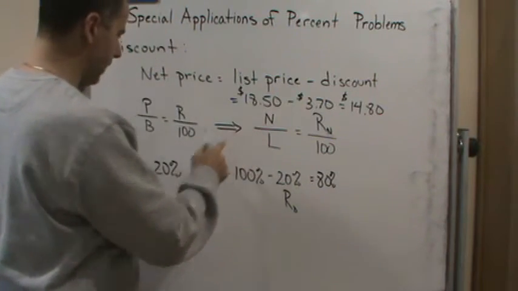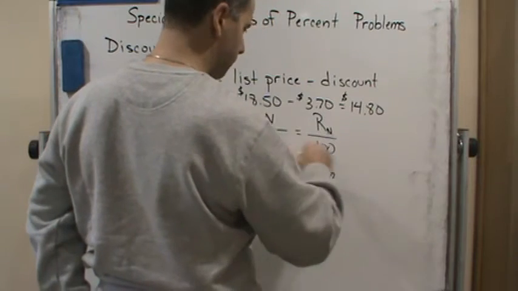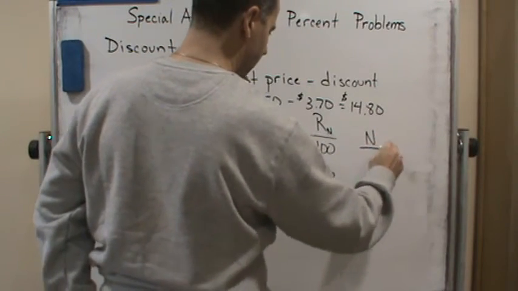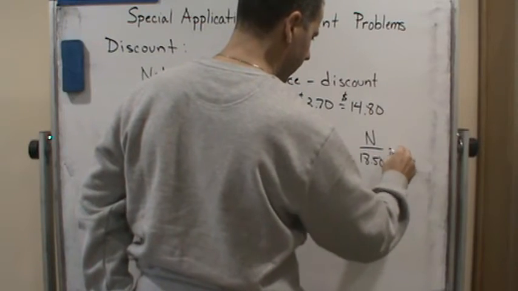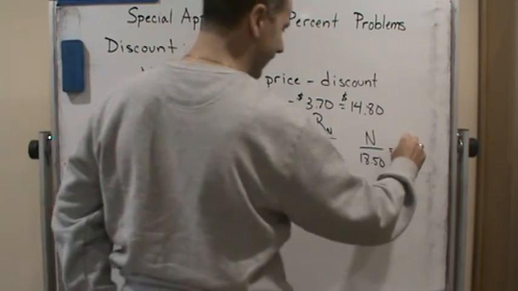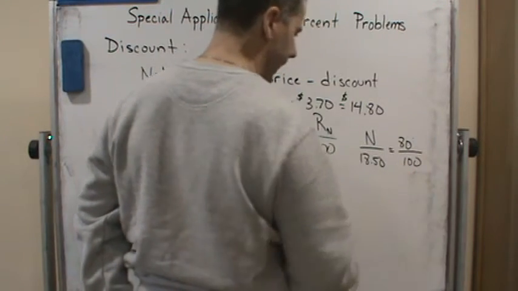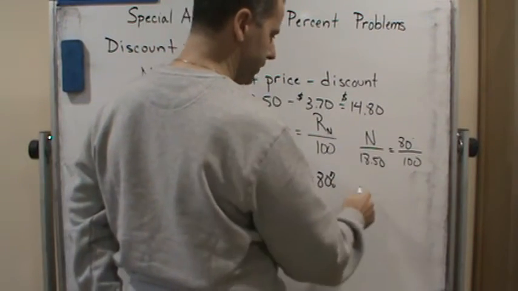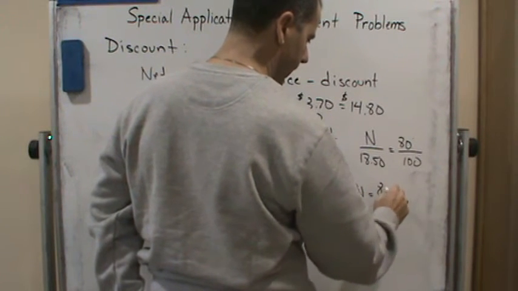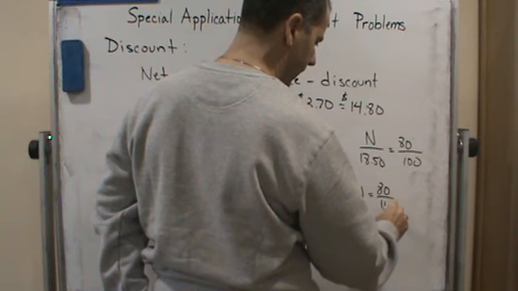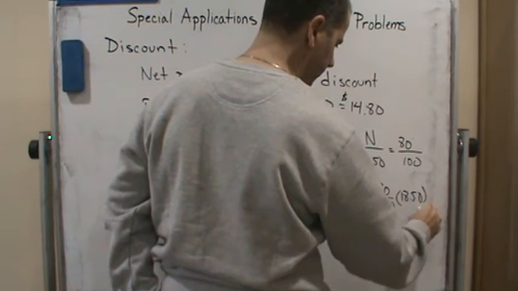So if I put in the information, I'm solving for N, net price. So if I put in for N, now L is 1850 equals, now I'm going to put in 80 over 100. And now if I solve for N, again, I'm going to multiply both sides by 1850 and I get N equals 80 divided by 100 times 1850.